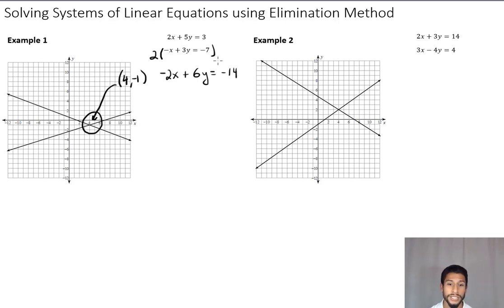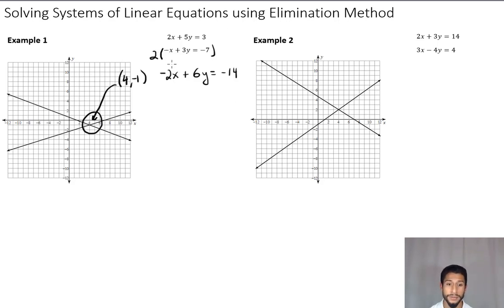I'm not going to go into detail as to why I'm allowed to multiply it by any number, but know that you're allowed to multiply any equation by any number, and it will maintain that equation. Like if I graphed negative 2x plus 6y equals negative 14, it would be the same equation, the same line, as negative x plus 3y equals negative 7. If you don't believe me, try it out on Desmos, and you will see that it is true.